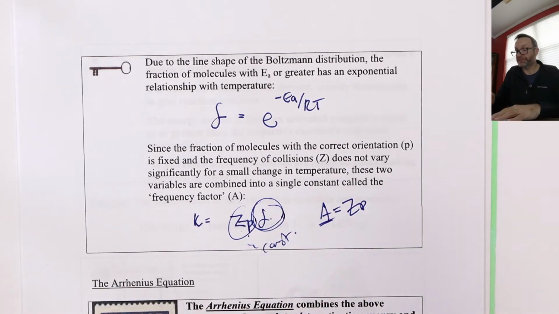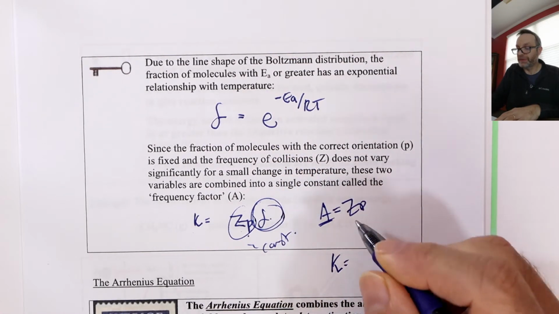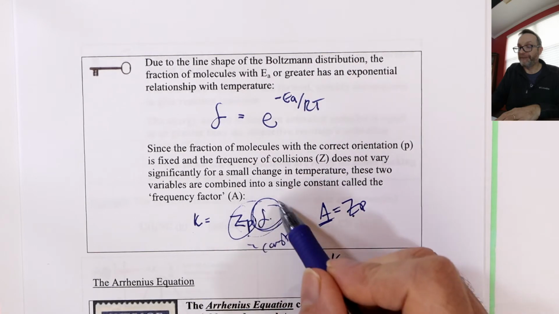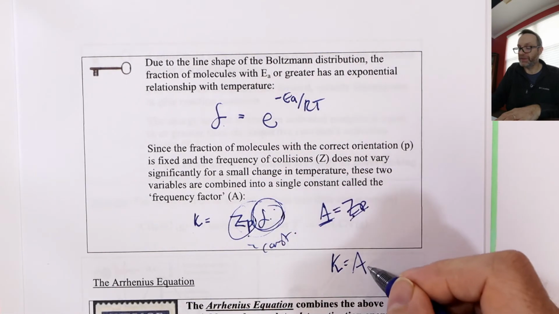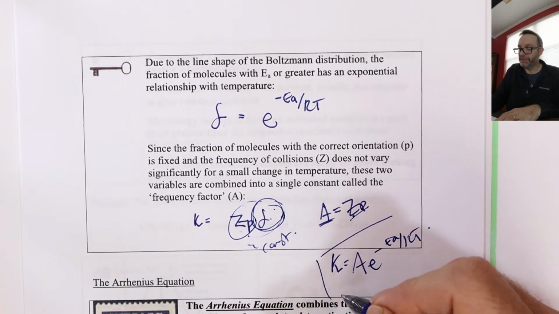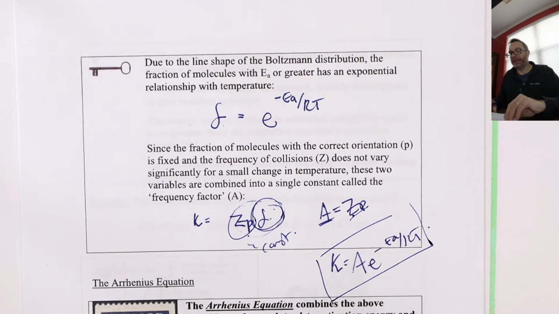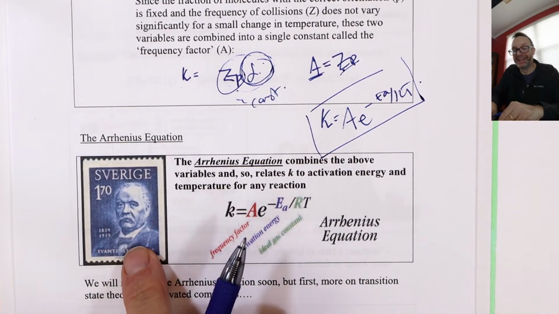So therefore, we can go back up here: k equals ZpF, k equals A, which is Zp, and F is e to the minus EA over RT. And in its simplest form, that is the Arrhenius equation. So there he is, Swedish.